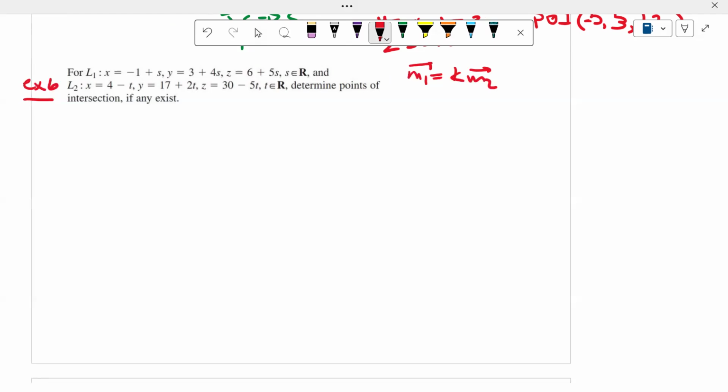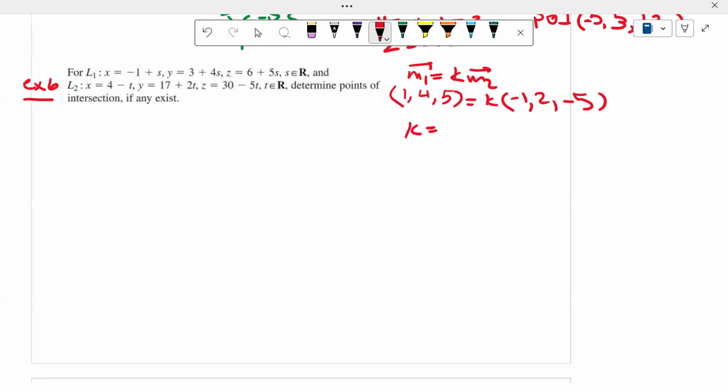Now m1, I'm going to do this one. That's 1, 4, and 5 is equal to k times minus 1, 2, and minus 5.